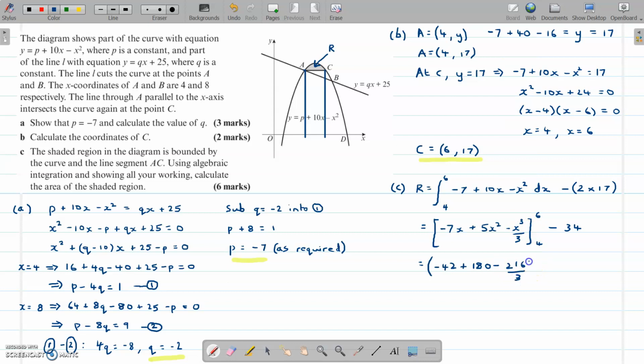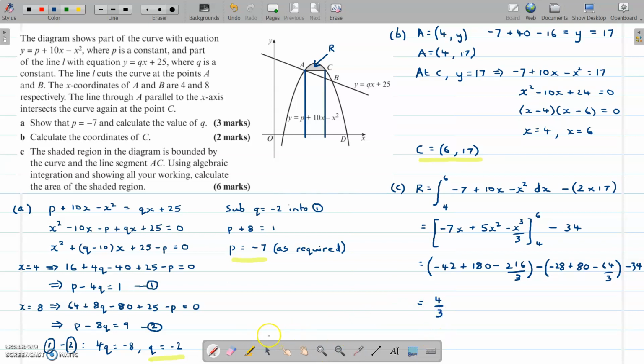Then from all of that we subtract the same thing again, except with 4 in, which is minus 28, then 5 lots of 4 squared, which is 80, take away 64 over 3, and we take away from all of that the 34. Now put all that on your calculator and work it out, it comes to 4/3.